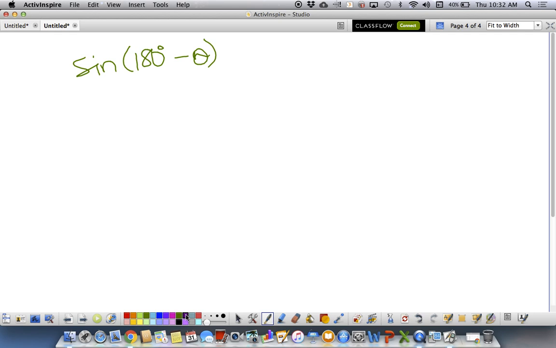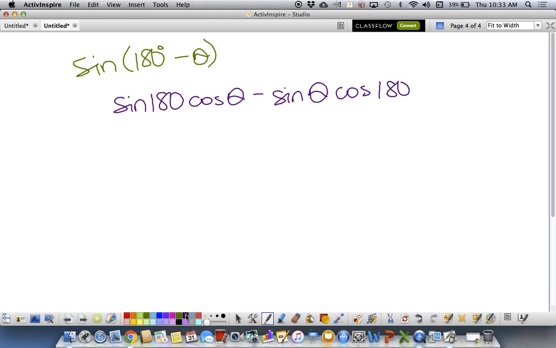Let's start working through. I got 0 minus 0. What is our sine equation? Okay. So here we go. Sine of A minus B. Sine 180 cosine theta minus sine theta cosine 180. So what is sine 180 now that you've gone over there and figured it out? 0.